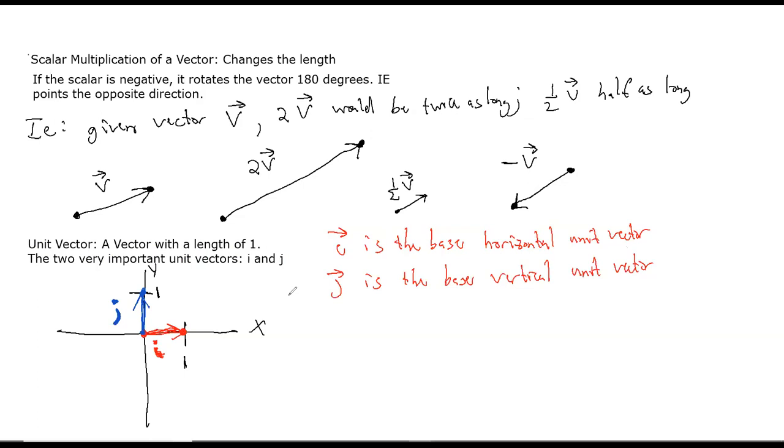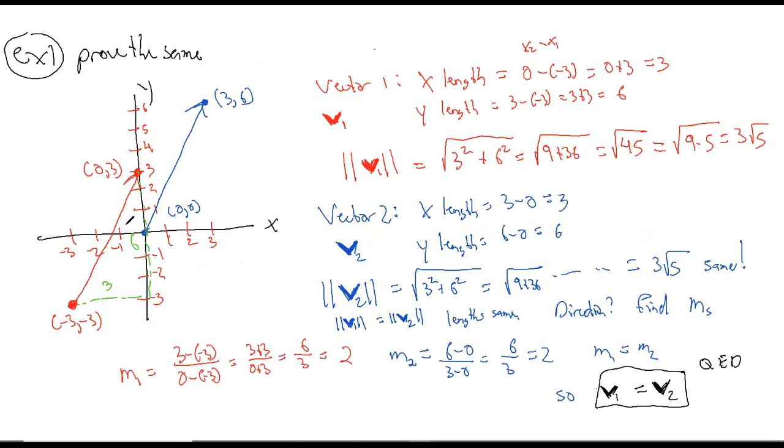So with vectors, we saw an example previously. Here is this vector. It started at (-3, -3), and it pointed at (0, 3). But we said it was the same thing as if we had it starting at the origin and pointing at (3, 6). We don't necessarily want our vectors just lying around in random places. If it's the first vector, we typically like to have it at the origin.